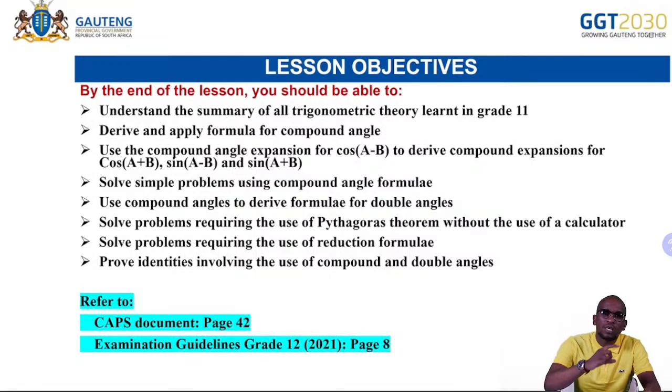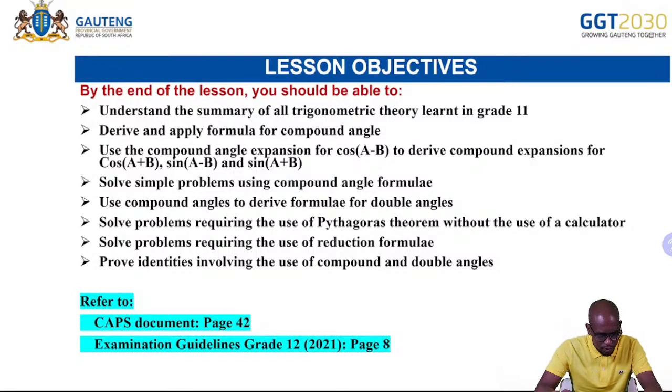You should be using that one formula to get a full complement of the compound angle formulas, which are 4. You derive one and then you use it to derive the next 3.